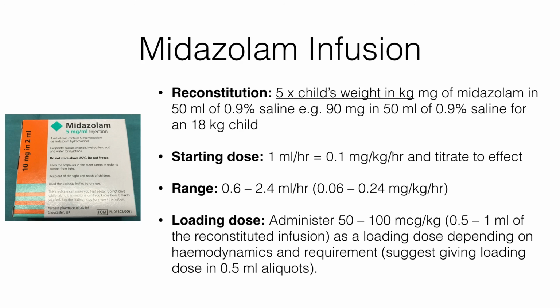And like with the morphine, it is important that you give a loading dose if you don't want the child to wake up between the effects of your induction agent and the continuous infusion taking effect. How much do you give them? It's normally between about 50 and 100 mics per kilo of midazolam, or 0.5 to 1 mils of the reconstituted solution, provided you've made it up the way I've told you to make it.